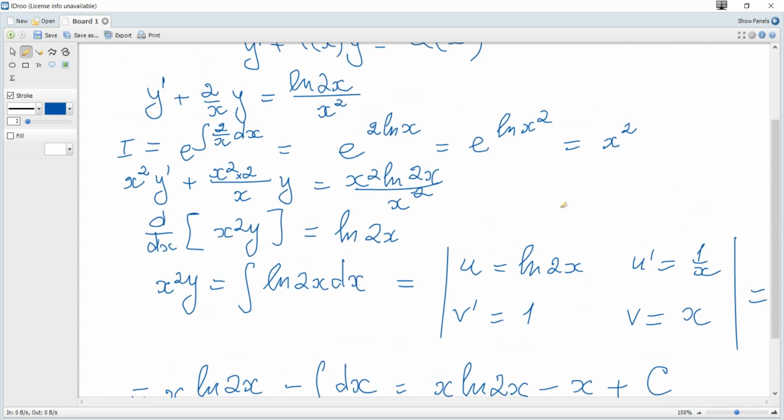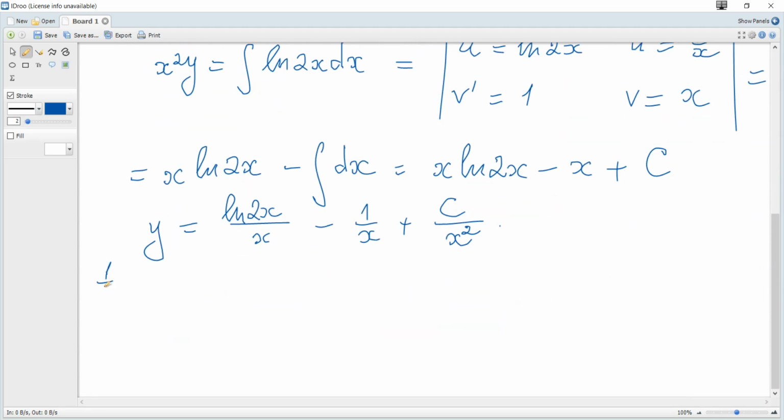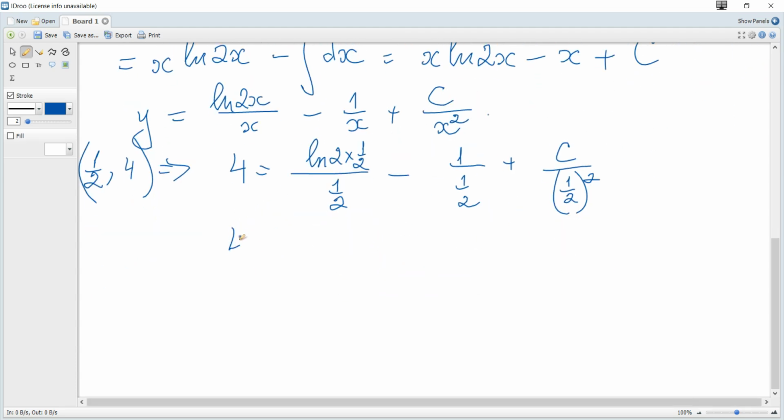And it is given a point, half 4, and we can substitute it to find c. So 4 is ln 2 times a half divided by a half minus 1 over half plus c over half squared. We can see that there is ln of 1, it's 0, so it becomes 4 is 0 minus 2 plus 4c, and c is 3 over 2.